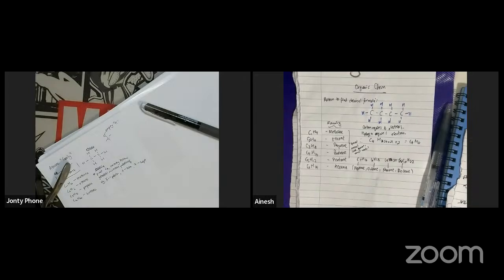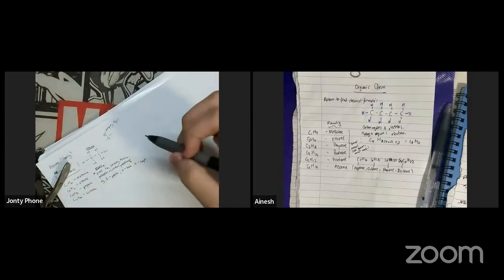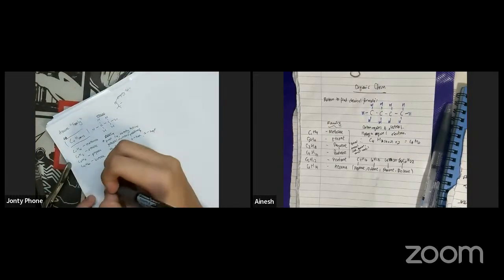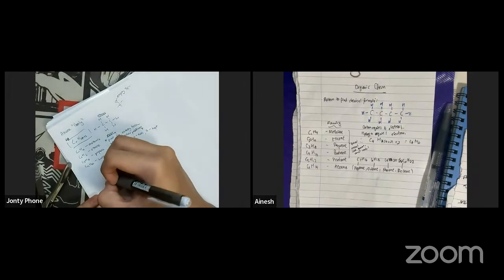Now, you are going to do this on your paper, this guy. Please note that there are 5C, Jonty and Ainesh, correct? This guy is 5C. Now, make everybody happy and then count the number of H on your paper, please, for that new structure.